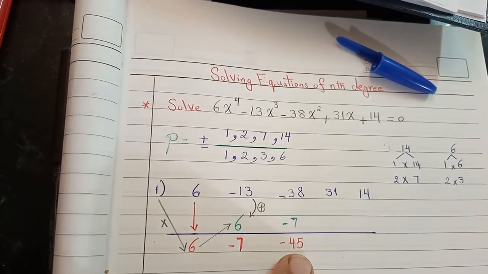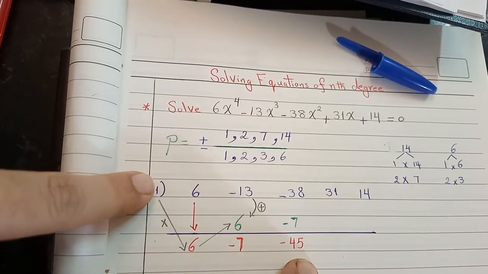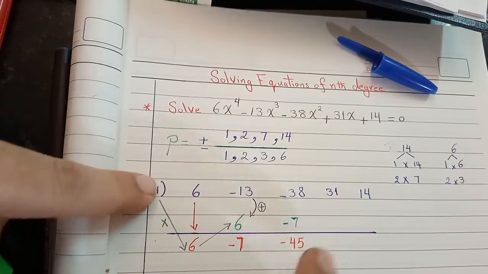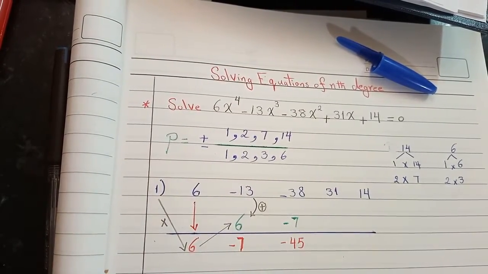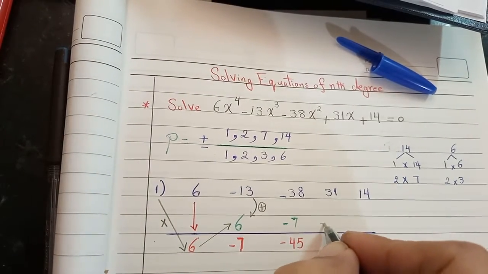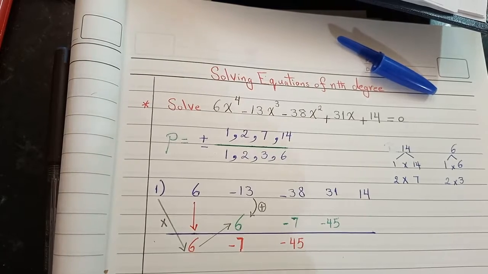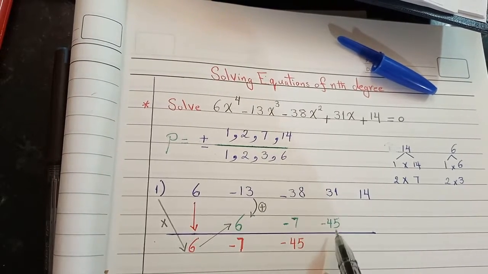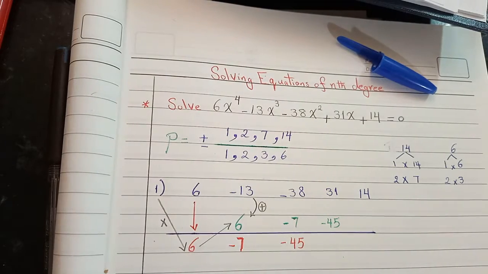And again, this number on the bottom, we times it by the number we are trying here. 1 times anything equals the same thing. 1 times negative 45 equals negative 45. So we add: negative 31 plus negative 45 is negative 14.